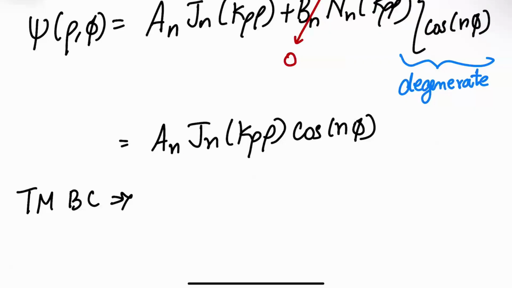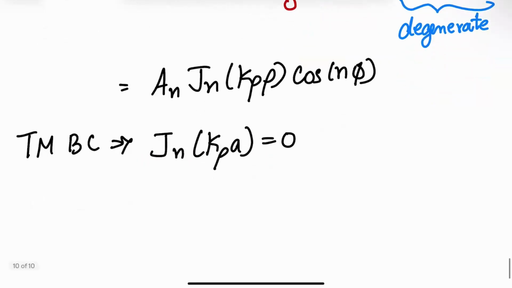The only way that's possible is if this term is 0, because you want this to be 0 for all values of phi. So applying the boundary condition implies that J_n of k_rho a is equal to 0. That means k_rho a is nothing but the zeros of the Bessel function, which are x_np.